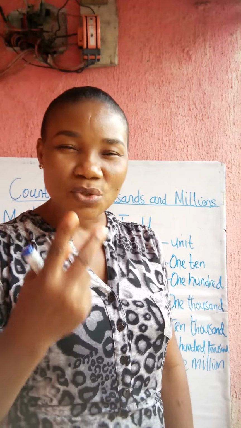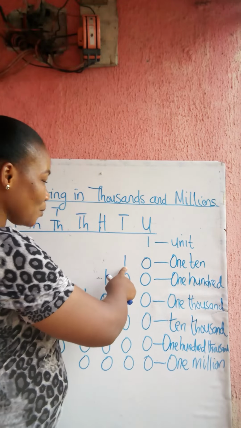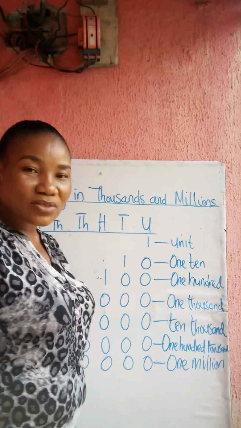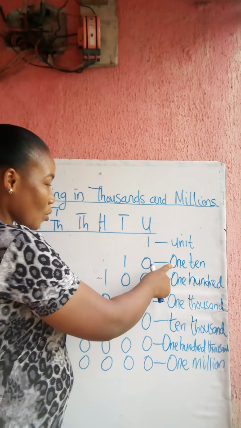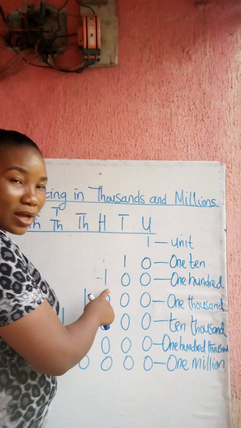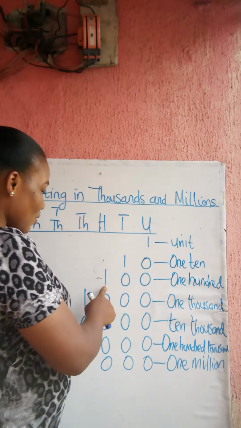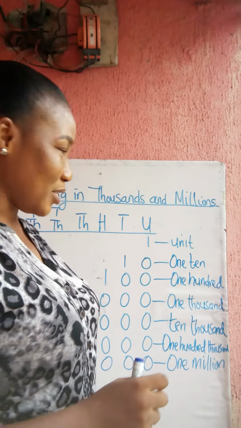When we have two digits, it stands for tens. For example, we have 1 here and 0 under the unit. It falls under the tens, 10. Next is our hundred. A number that falls under the H is for hundred.